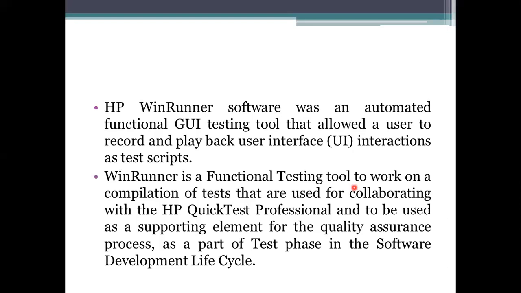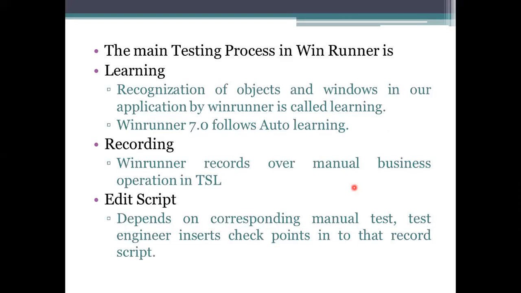This tool interacts with the user, and whatever we need to perform is given by us using these GUI representations. While working with WinRunner, we need to consider some key points, such as learning.